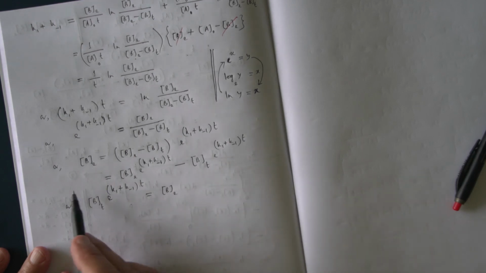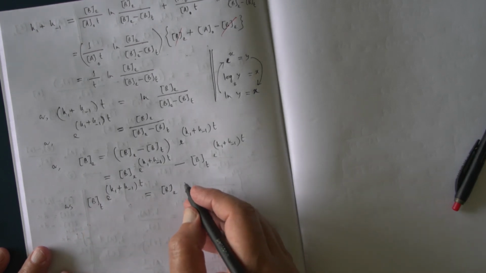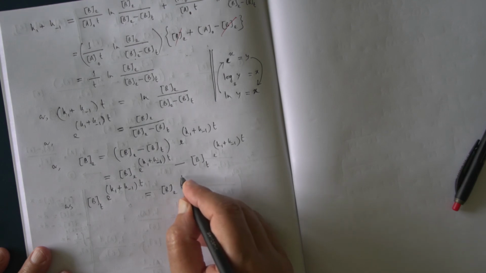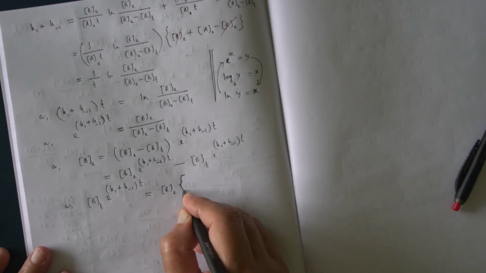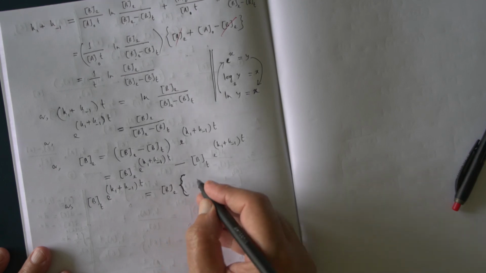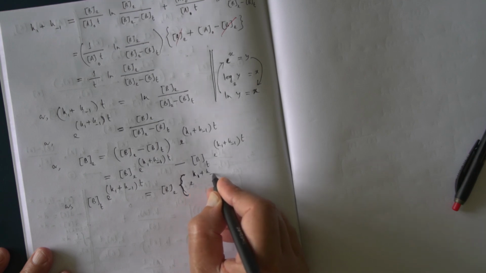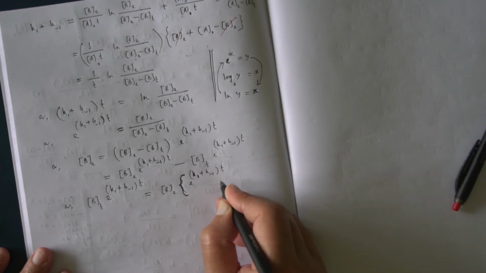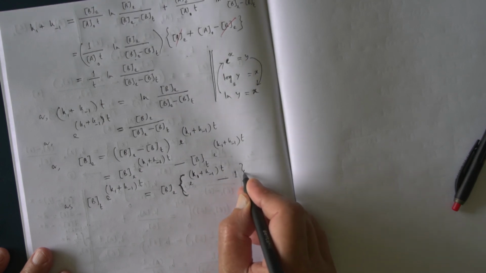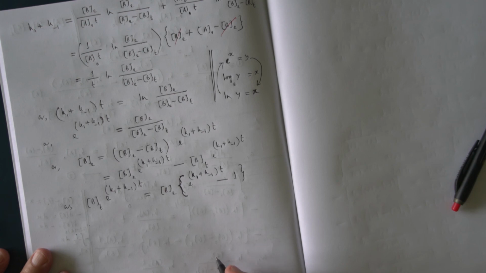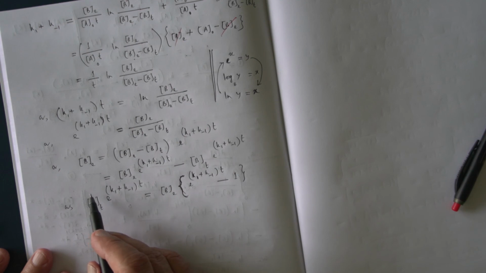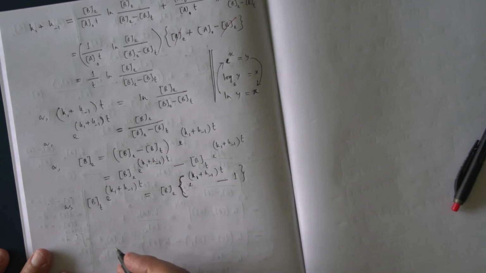So this side will go there: be into e to the power k1 plus k minus 1 t minus 1. We get this.